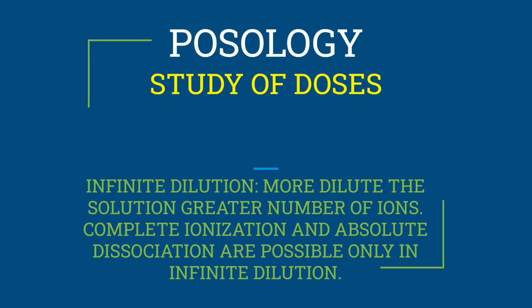What is infinite dilution? The more dilute the solution, the greater the number of ions. Complete ionization and absolute dissociation are possible only in infinite dilution. So we understand what is the quality of dose in homeopathy.